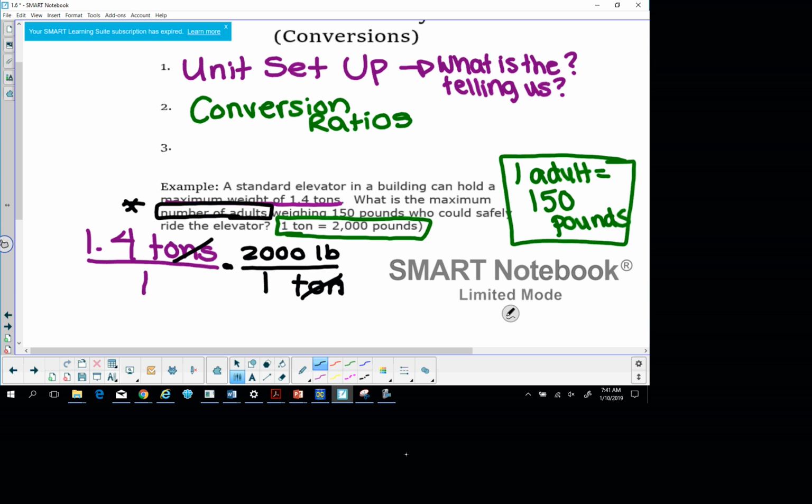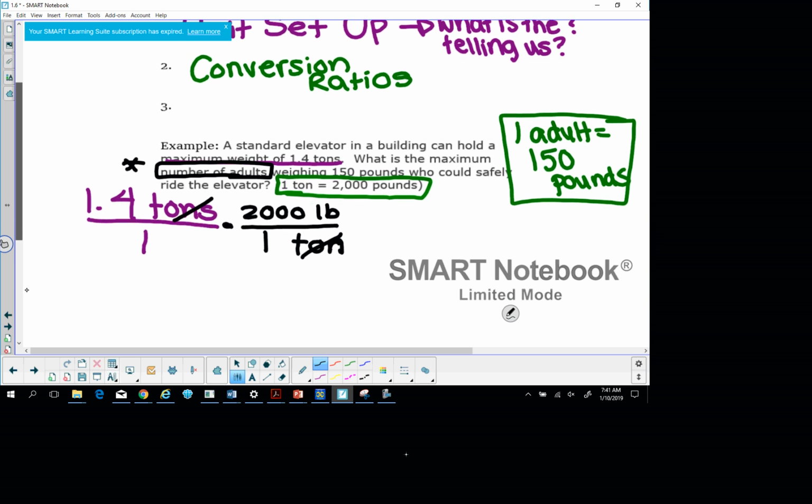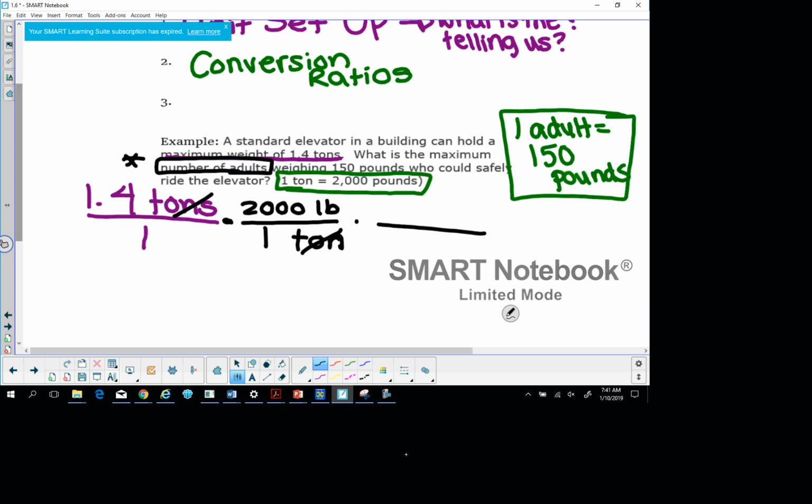But do I want my answer in pounds or do I want the number of adults? What's the question asking? They want the number of adults. So I need to keep going. I use this conversion ratio, so I'm going to cross it out. Which other one has pounds in it? Because I want to be able to cross out pounds.